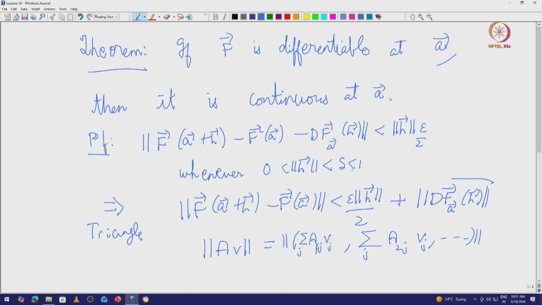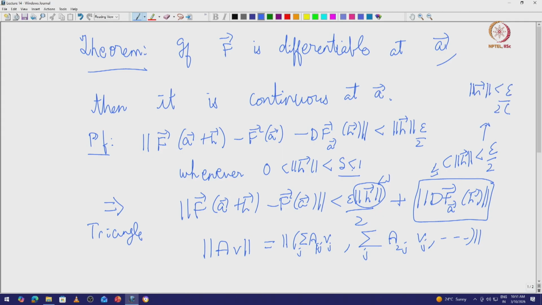Over here, we can conclude that this is less than some constant c times norm h, and this entire thing is less than epsilon by 2, this is less than 1 by hypothesis, provided h itself is less than epsilon by 2c.